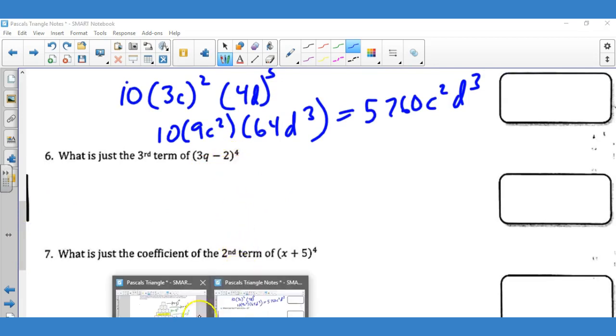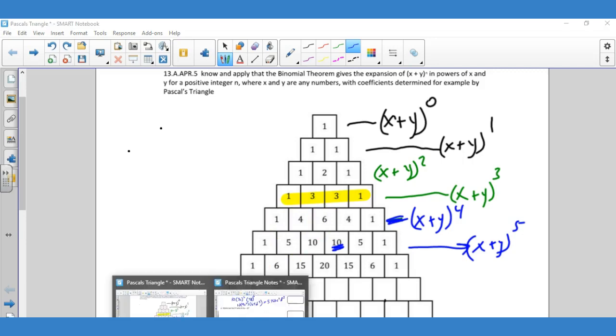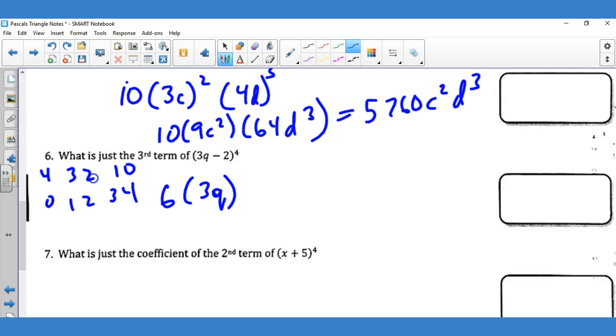All right, so if I look back real quick, the fourth power is here. Then with the third term, 1, 2, 3, 6. Yeah, 6 is the coefficient times 3q. Let's see, 4, 3, 2, 1, 0, 0, 1, 2, 3, 4.